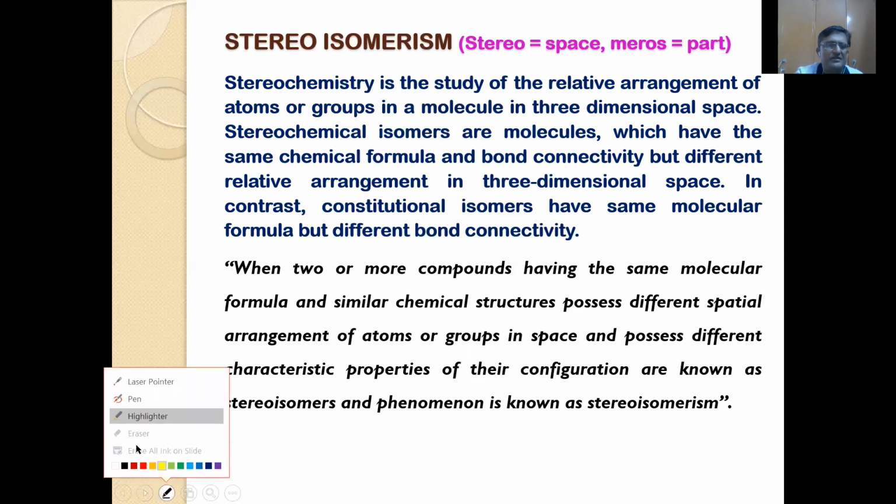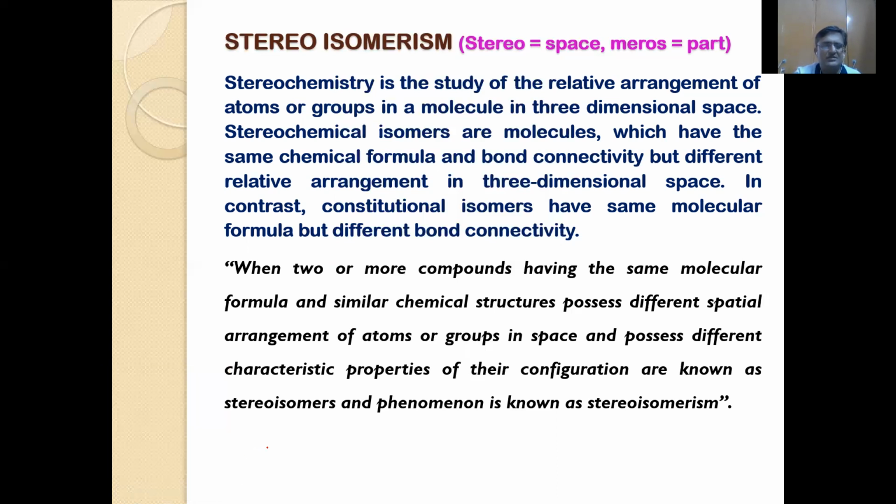That is C double bond C, and here I will write one CH3 group, and here it is H, and CH3 and H. If identical groups are present on the same side of the carbon-carbon double bond, it is called cis.